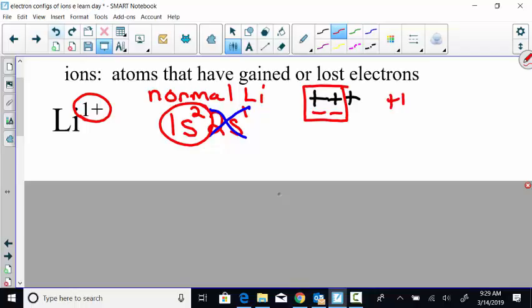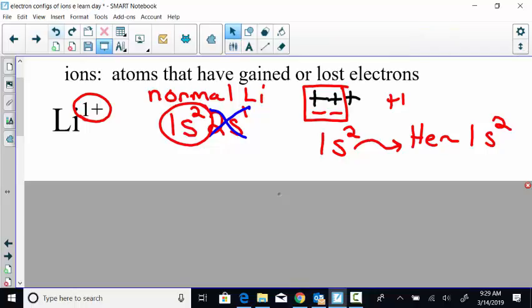Perfect. Well, it now has the electron configuration of 1s2. So what noble gas does it look like? The noble gas that it looks like is helium, because the electron configuration of helium is 1s2. Now, this is the one exception to the octet rule.